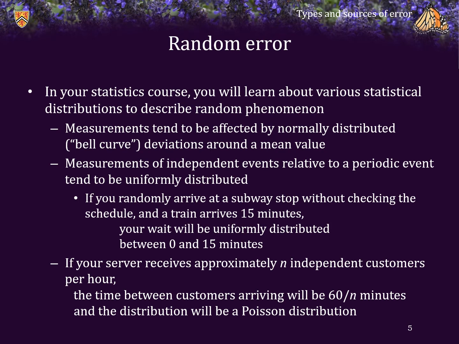If your server receives approximately n independent client requests per hour, then the time between customers will be 60 divided by n minutes, and the distribution, however, can be described by a Poisson distribution because it's not always going to be exactly 60 over n minutes.